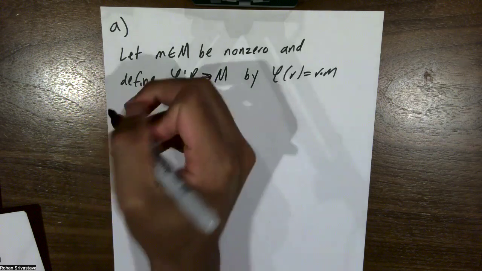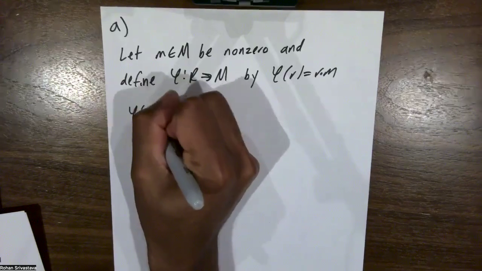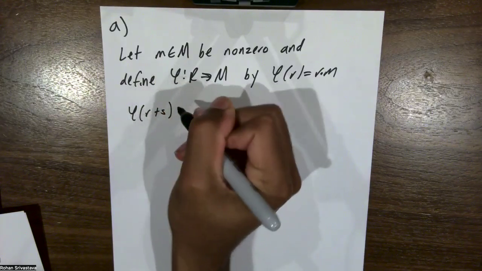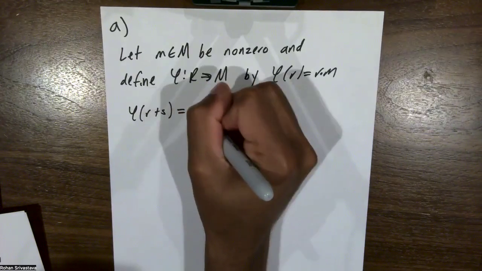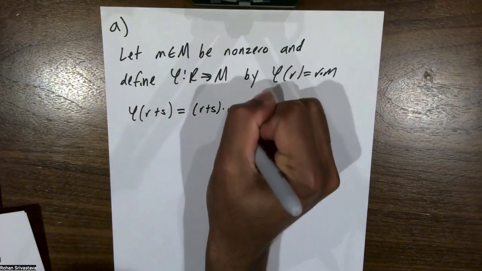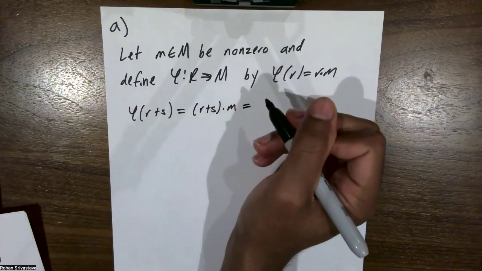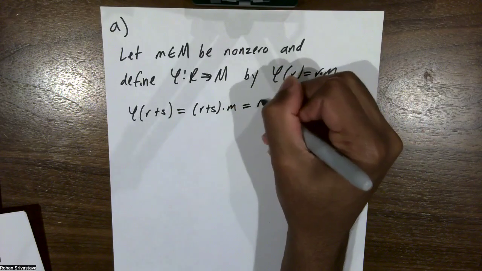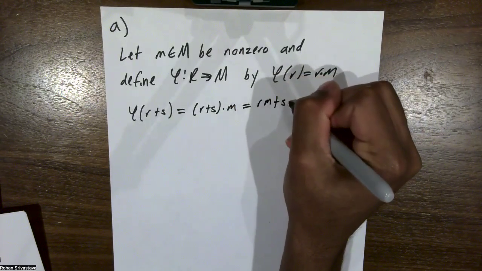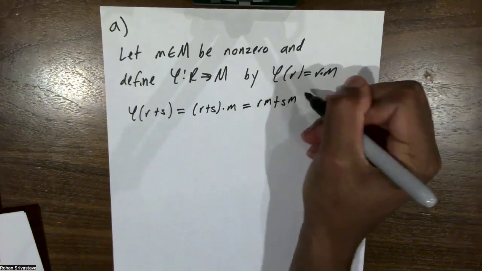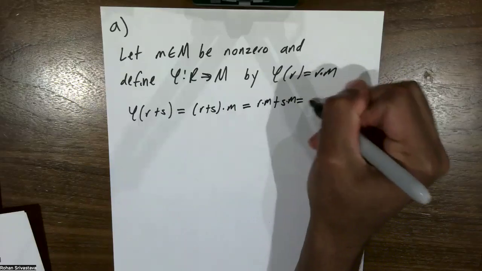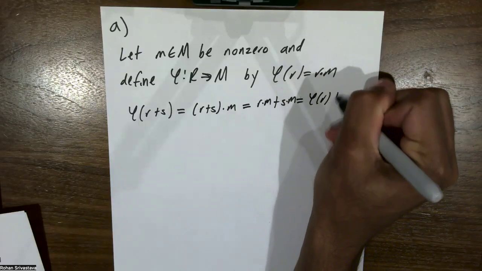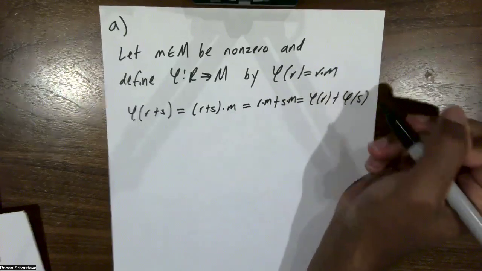So why is that? Well, phi of r plus s would be r plus s acting on m, which by the module axioms is rm plus sm, which is phi of r plus phi of s.